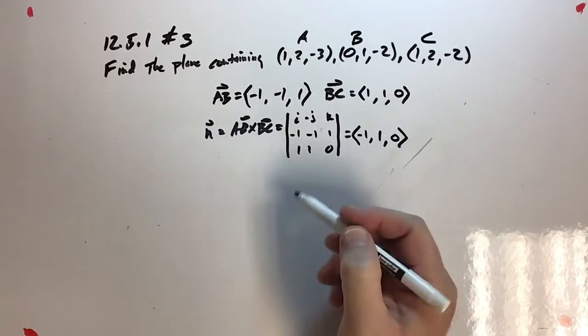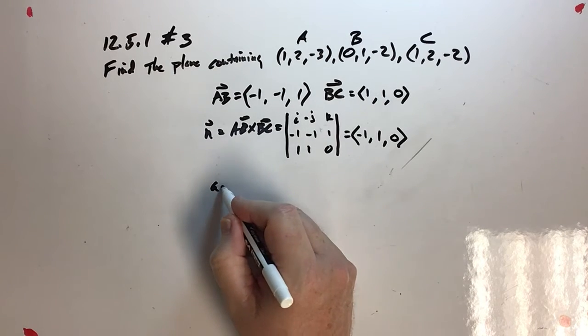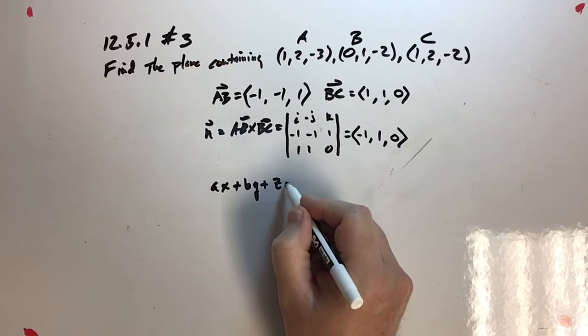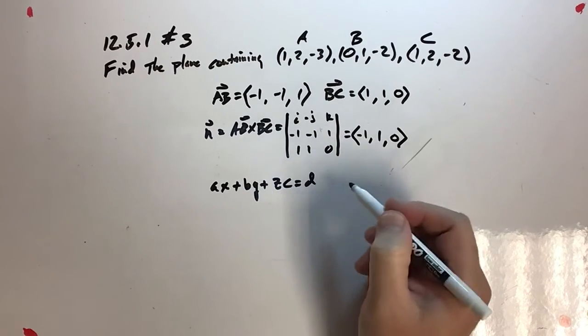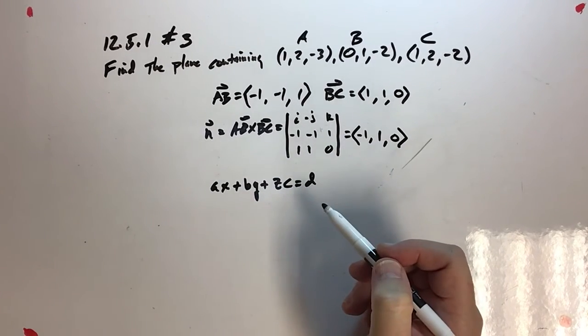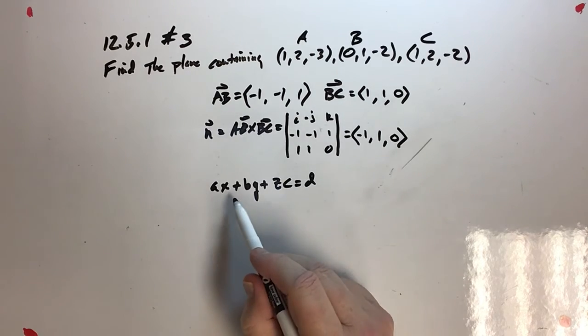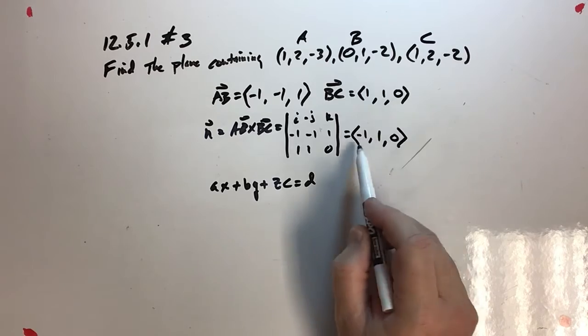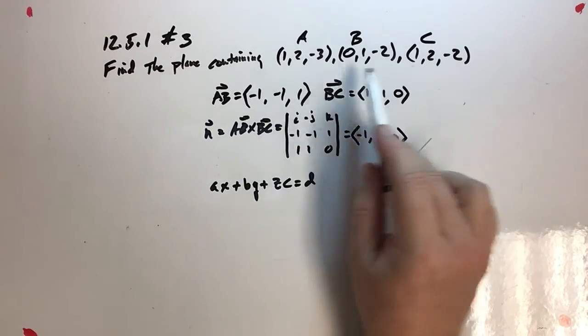And now we can write the equation. So a plane has ax plus by plus cz equals d as its standard form, and of course the direction numbers a, b, and c are given by the normal vector. And then I can choose any point that lies on the plane.